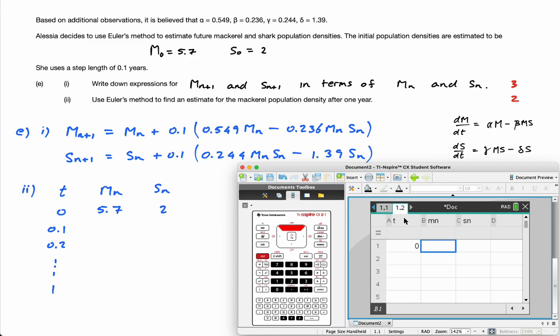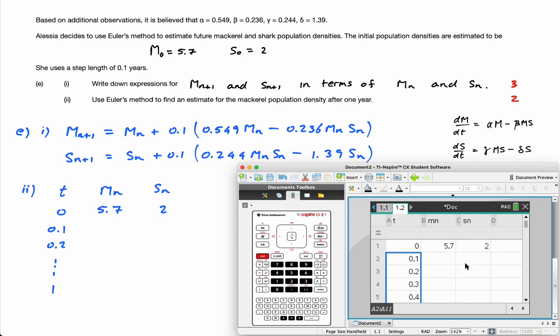Here, I'm going to put in 5.7, and here, I'm going to put in 2. Now, this guy is just going to be equal him, which is A1, plus 0.1. So when I do that, I can drag it down to here. Okay, that's what I meant by the 11th step, but it's when t is 1.